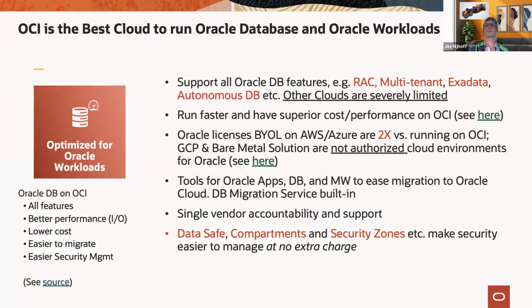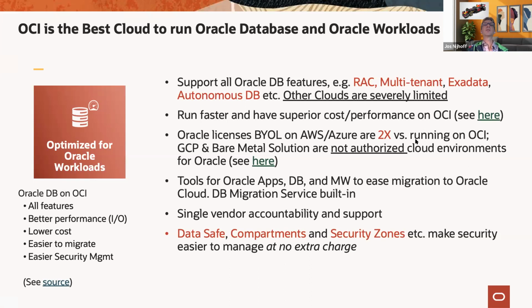and you want to run it on another cloud, say Azure or AWS, then you don't have support for all of the Oracle database features like Real Application Clusters and multitenant, let alone the Autonomous Database.